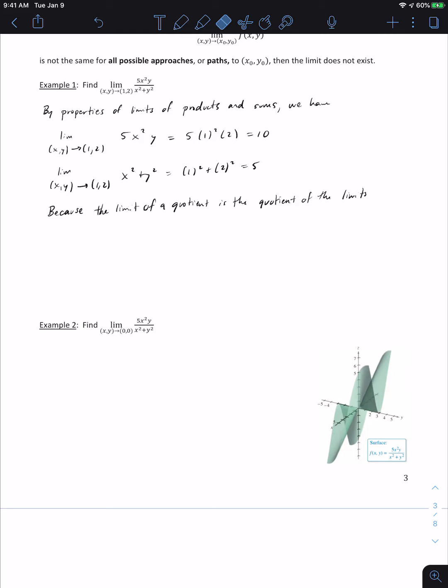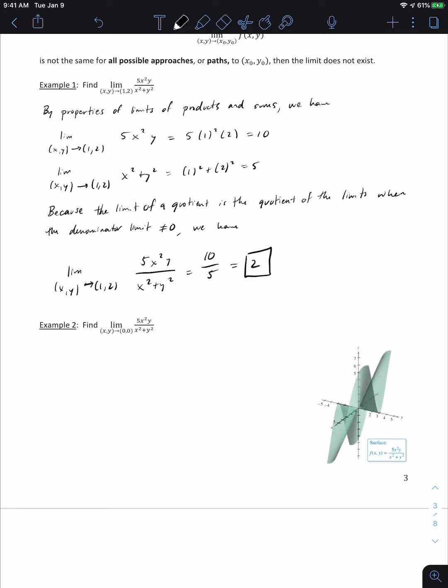And remember, that's true when the denominator limit does not equal 0. We have that when I take the limit as (x, y) approaches the point (1, 2) of 5x squared y over x squared plus y squared, it is just equal to 10 over 5, the ratio of the limits, right? This is the numerator limit, this is the denominator limit. We can do the ratio of the limits and just find that that's equal to 2.